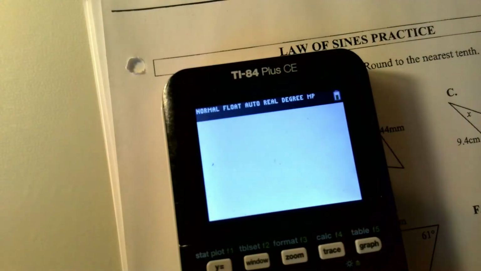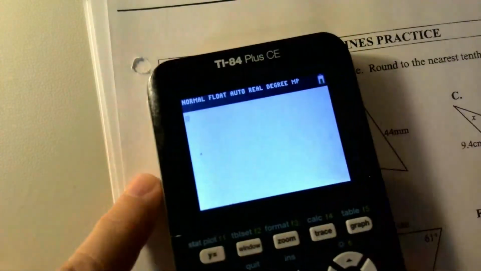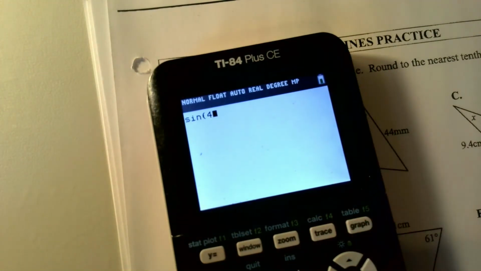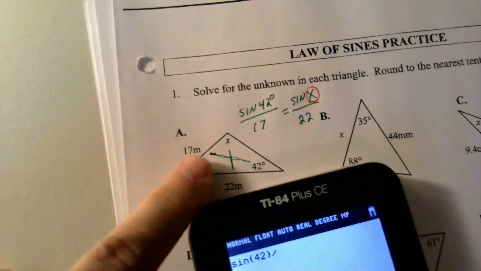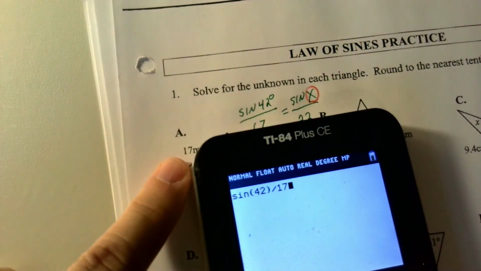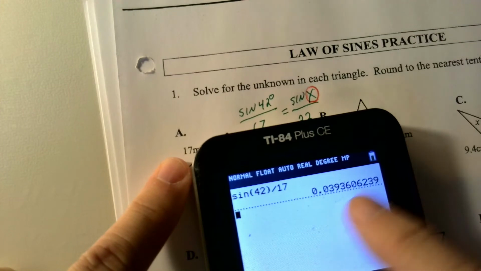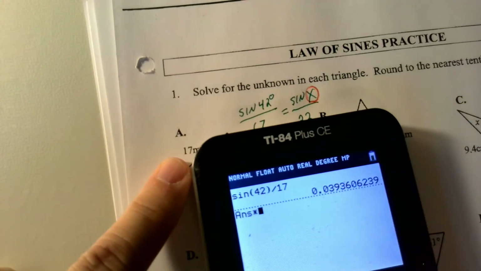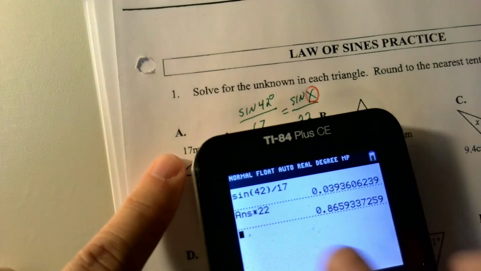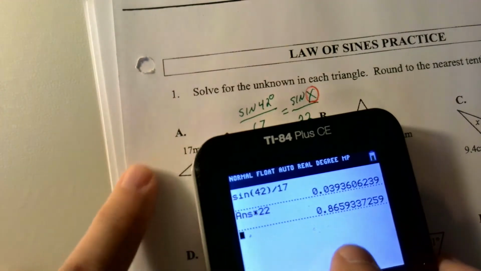So then I'm going to go sine of 42, close your parentheses, divided by 17, enter. That's what that number is. And I'm just going to go ahead and use that. I'm going to multiply by 22, enter. And now I've got 0.8659.